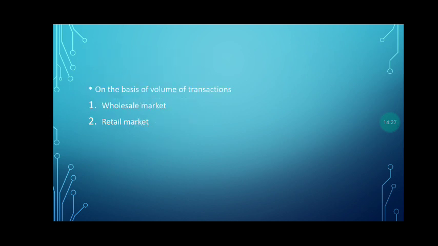Another basis for classification is the volume of transaction. Under the volume of transaction, the market is divided into two categories. The first one is the wholesale market and the other one is the retail market.